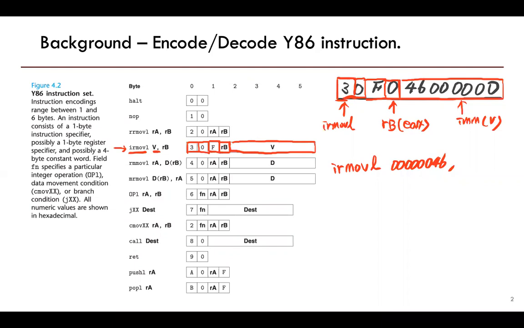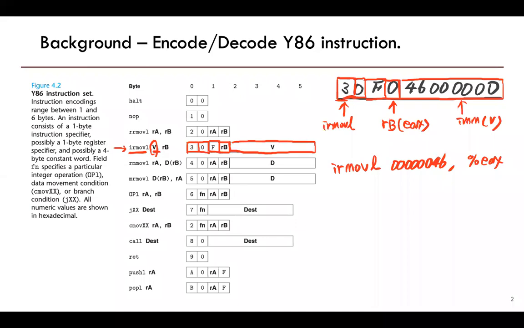Okay, so we finished this V part, which is the immediate value, and then RB is the destination register, which is EAX. Okay, we are done. We actually decoded the machine code and came up with the assembly code.